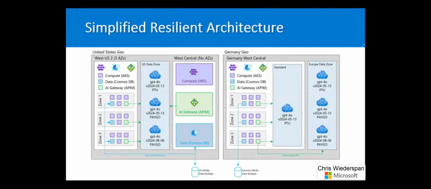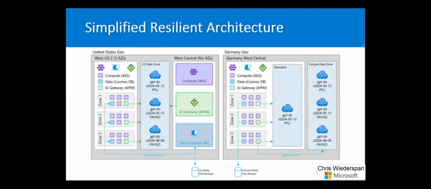But the idea here, I've modeled up two geopolitical regions, United States and Germany. You can see those labels across the top. In the United States, as with most cloud providers, our biggest presence is in the US. So we have a lot of options.